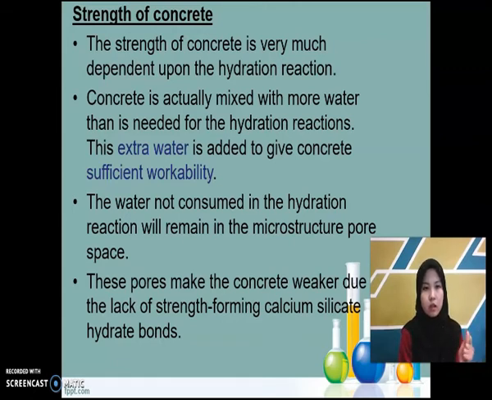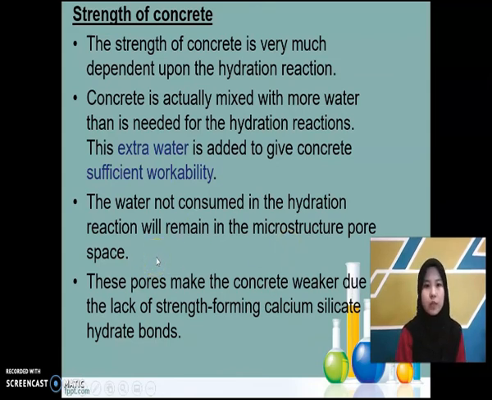Concrete needs sufficient workability and also high strength. So, to get the sufficient workability, the concrete needs extra water. The water not consumed in the hydration reaction will remain in the microstructure pore space.